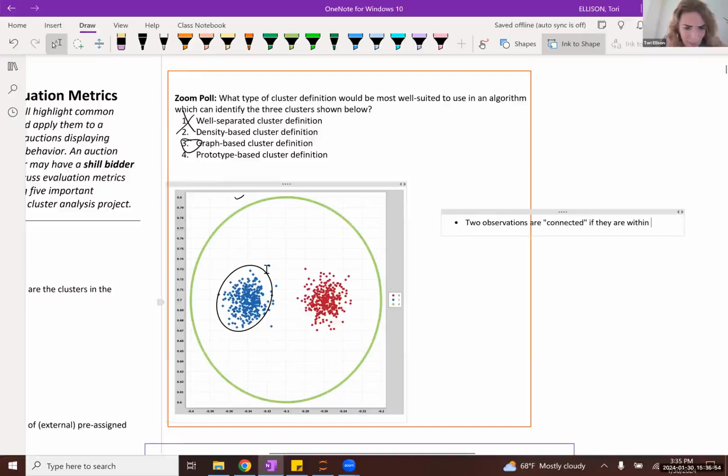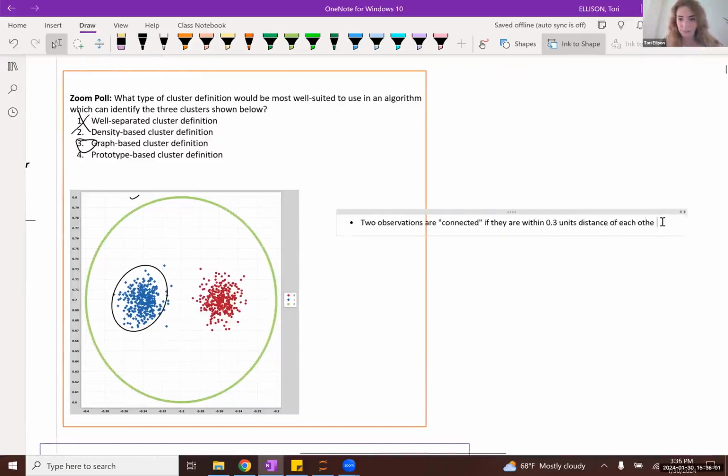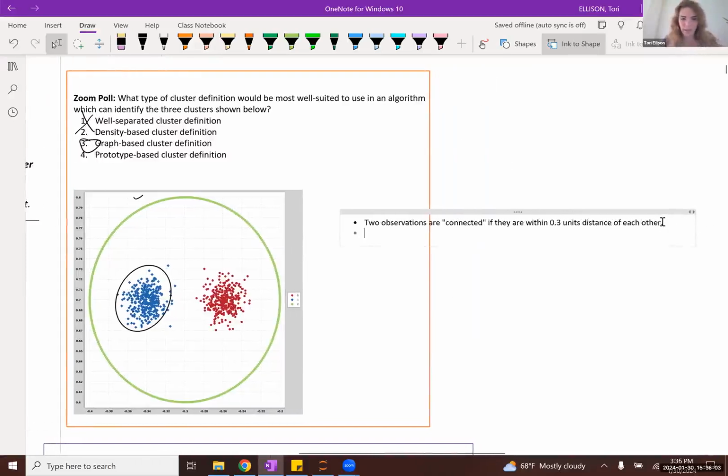Basically, if they are within 0.3 units distance of each other, and we might say two observations are similar if they can join in a connected path, or a path of connected points.